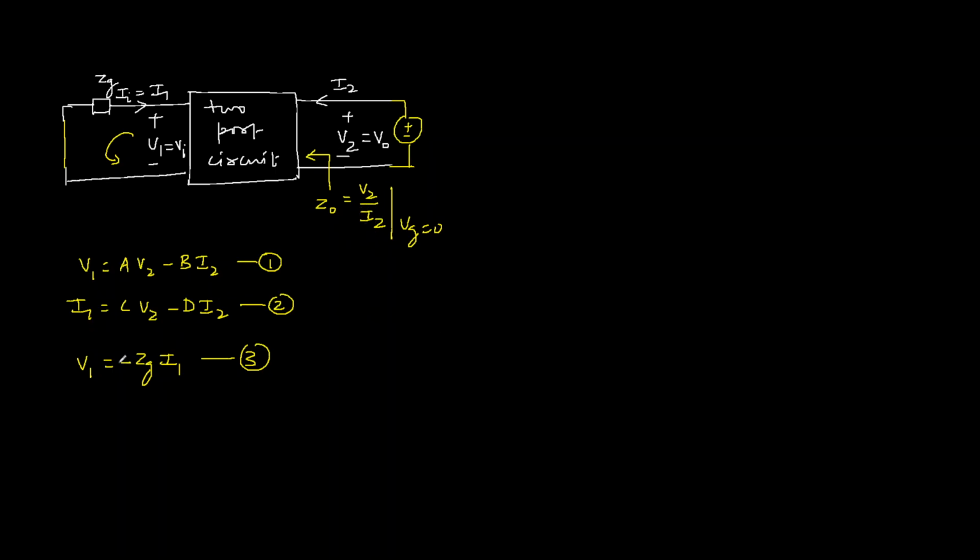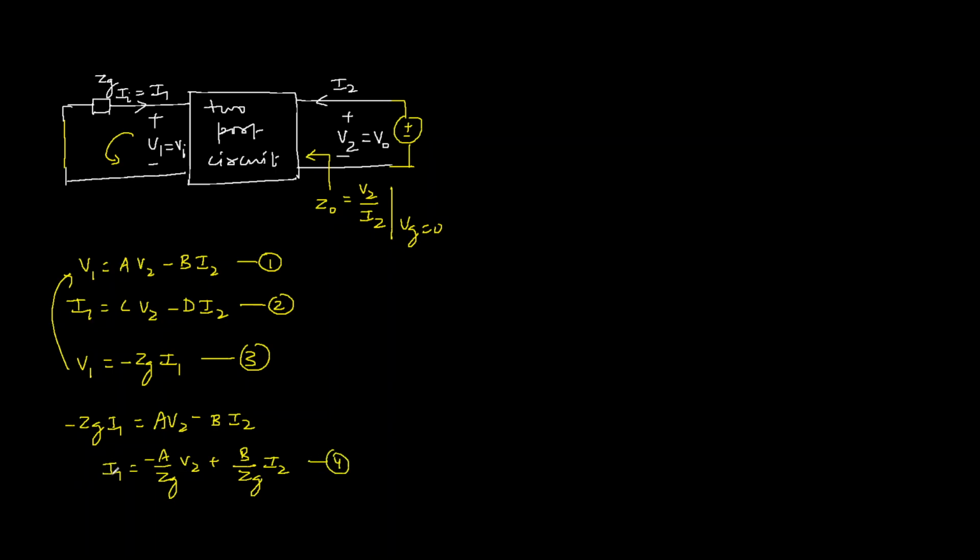So replacing this V1 from 3 into equation 1, minus ZG I1 equal to AV2 minus BI2. So I1 is A ZG with negative sign V2 plus B ZG I2.